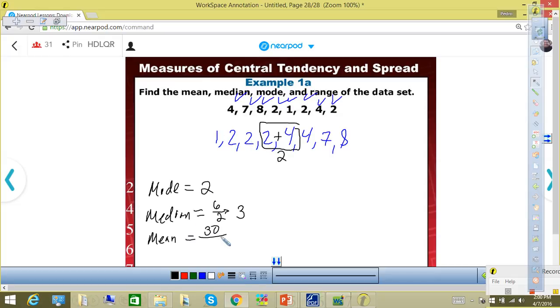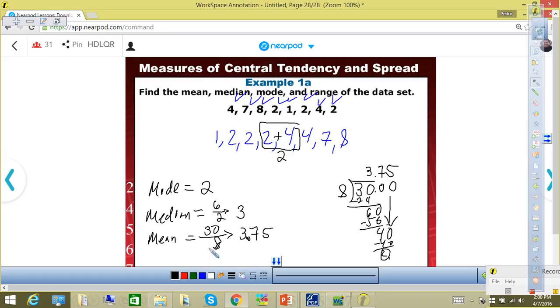So we're going to write 30 divided by how many numbers total? 8. And that should give us our mean. So 30 divided by 8 fits in there 3 times. That's 24. 6, add a decimal and a 0, fits in there 7 times. 56, that's a 4, add another 0, and that is 5 times. That's 40, and we're done. So therefore, the mean is 3.75.